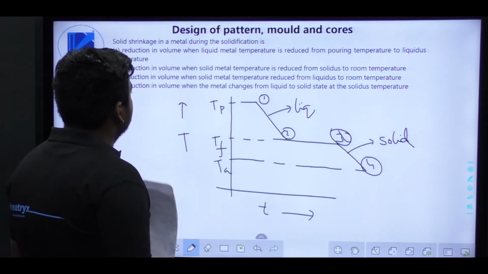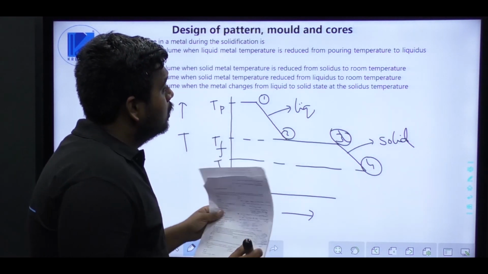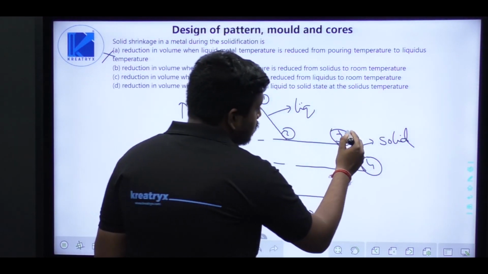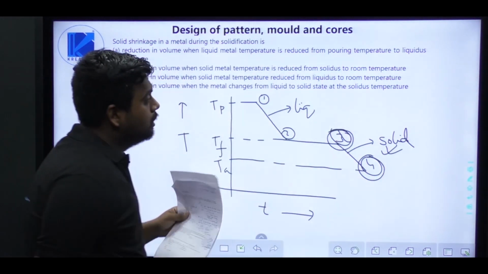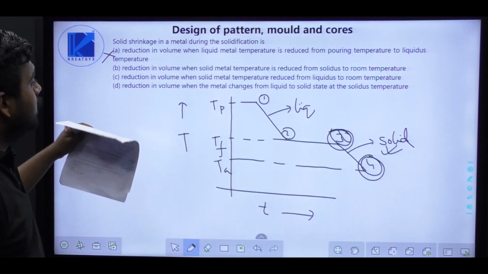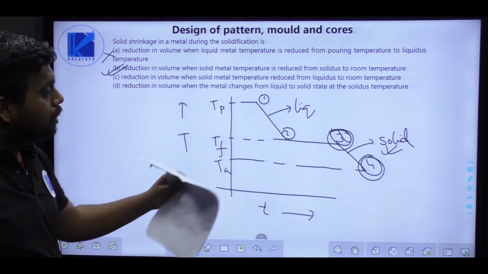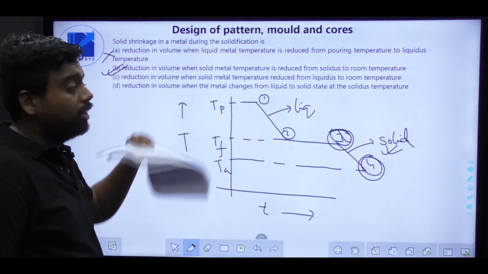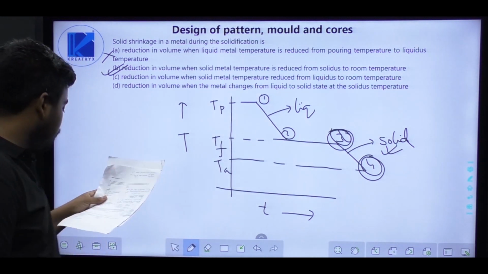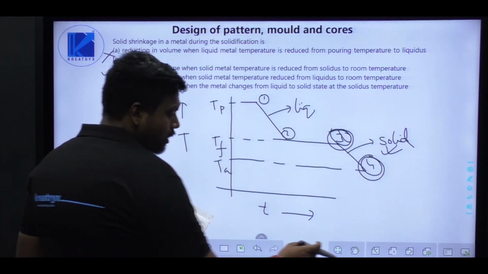So this to this. Friends, this is the correct answer, because from solidus temperature to room temperature the metal is in solid state and solid shrinkage is taking place. So option B is the right answer. Now moving to the next question.